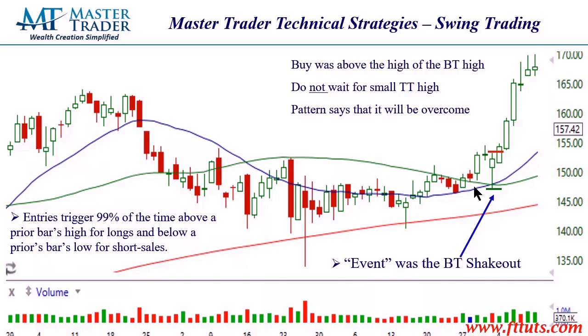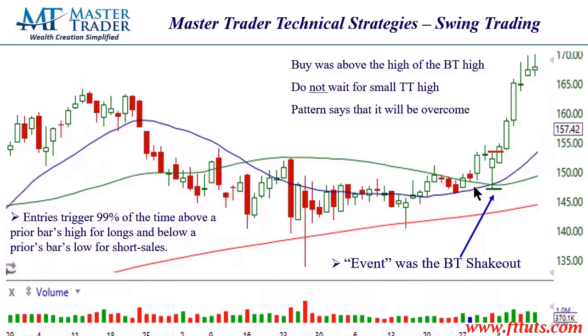And I'm going to hold that overnight, and I'm going to give it room. Initially, our stop would certainly be below the low of the bottoming tail bar. But because it hasn't triggered yet, maybe I would increase the stop loss a bit and take on even fewer shares. That is certainly a choice.